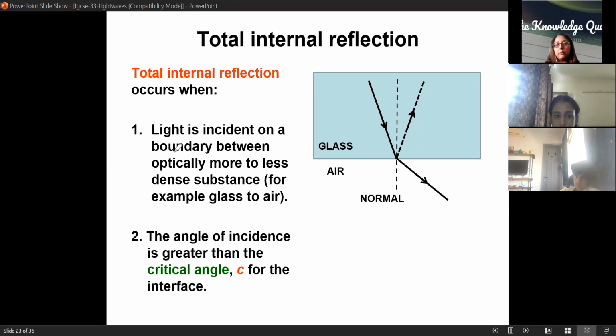Light is incident on a boundary between optically more and less dense substances, for example, glass and air. This is glass, this is air. The light is coming from here, so this is the denser medium and this is the rarer medium, so it will move away from the normal. That is what is happening, right?